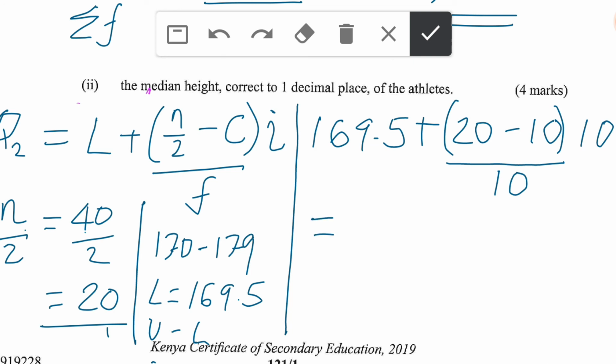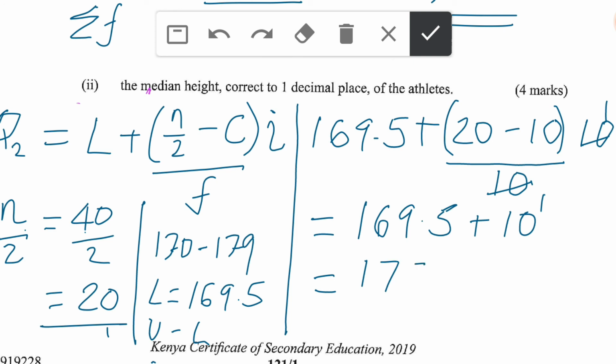So 10 over 10 is 1, and 20 minus 10 will be 10. So we shall end up with 169.5 plus 10, and that shall give us 179.5. So the median height correct to 1 decimal place is 179.5 centimeters.